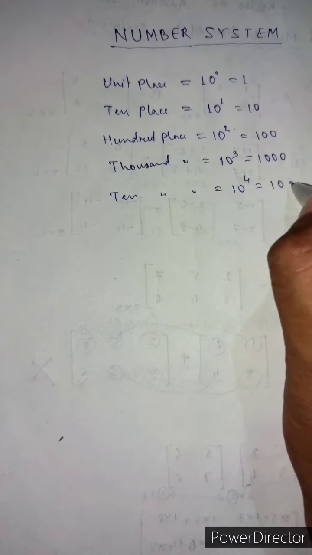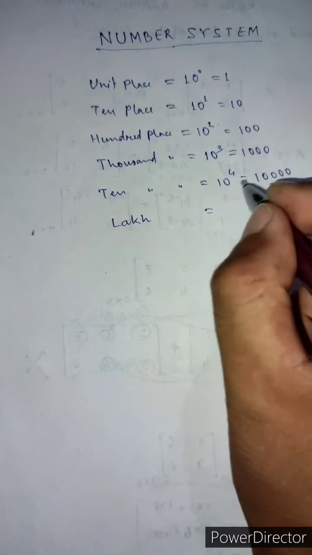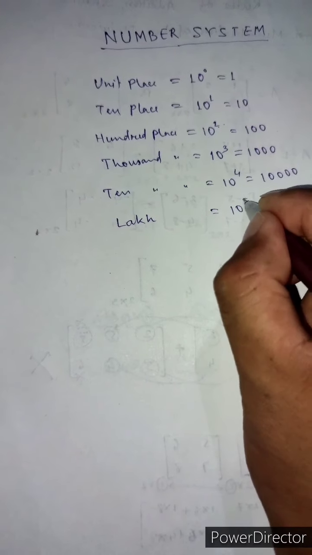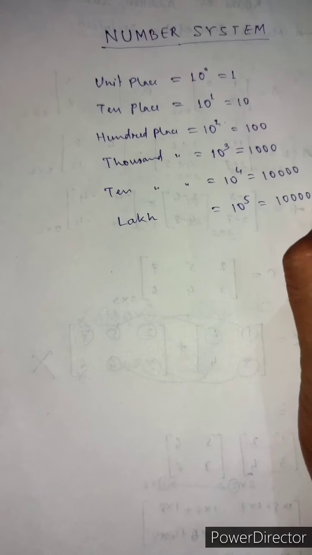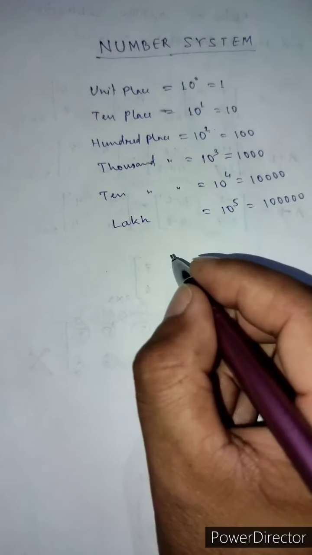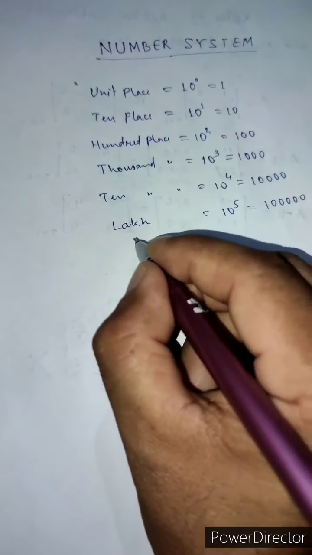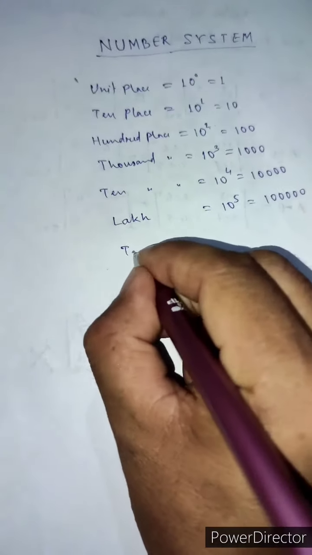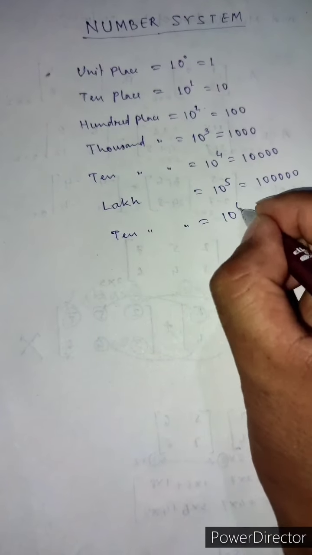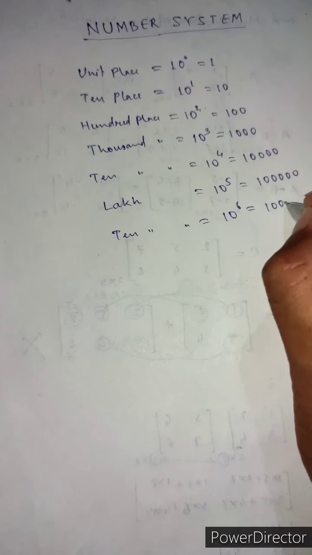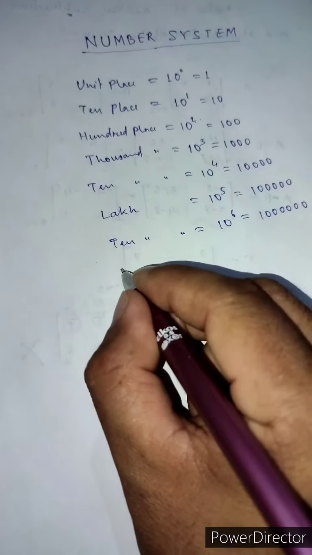After that, lakh, which is 10 power 5. It is 100000, 5 zeros, that means 6 digits should be there. Then it comes in lakh. After that, 10 lakh comes. 10 lakh place is 10 power 6, 1000000. After it comes crore.